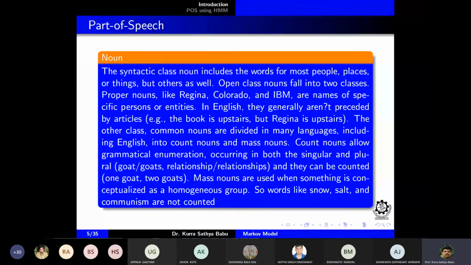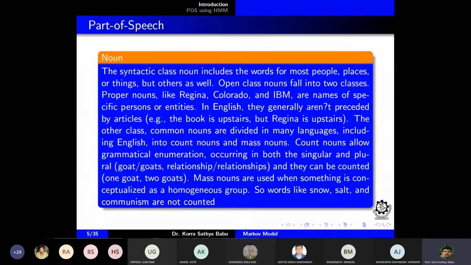Common nouns are divided in many languages, including English, into count nouns and mass nouns. There are different variations of nouns: a proper noun, count nouns, mass nouns.